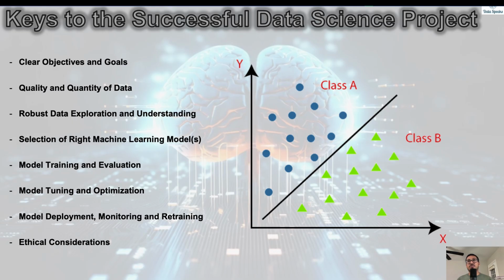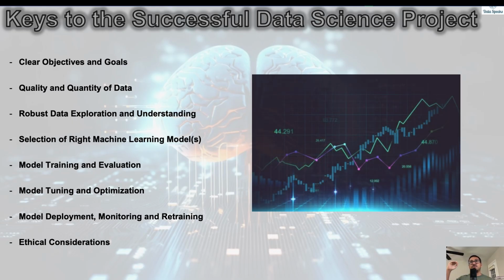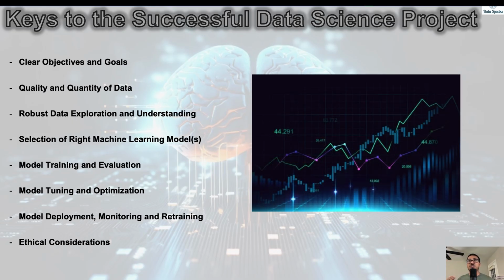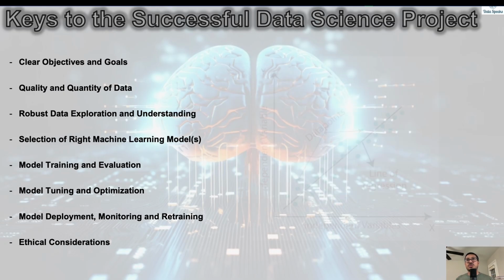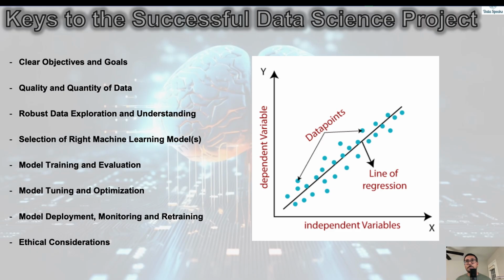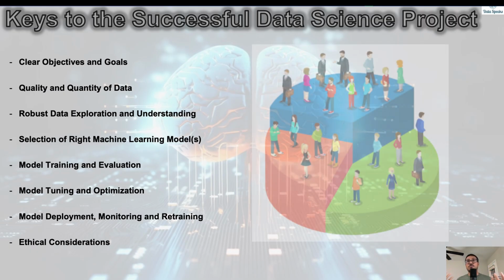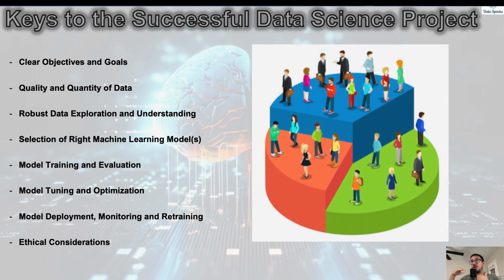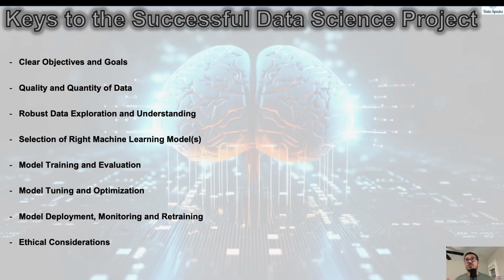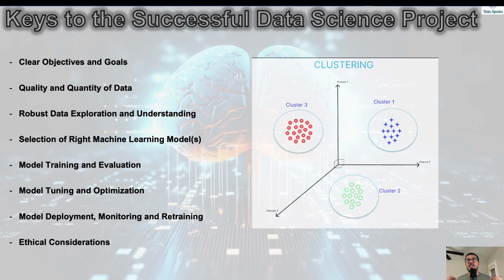If you are trying to predict the stock prices for tomorrow, the day after tomorrow, and so on, then you need to select the right regression type of machine learning models. If you are trying to create segments or groupings out of your unstructured or unsupervised data where you don't have the target variable, then you need to select the right clustering algorithms.